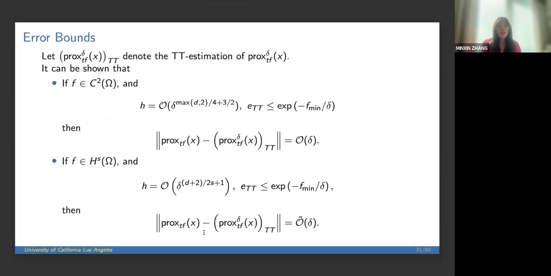And we did some analysis of the error bounds, and these are the results.